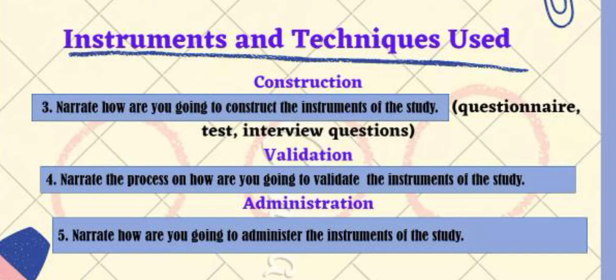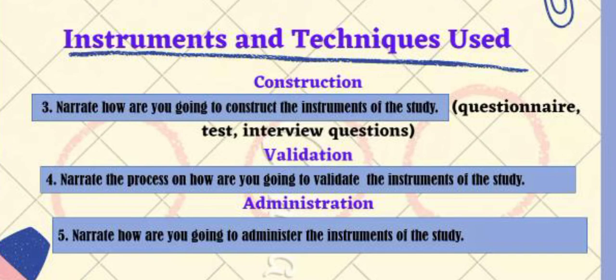For tip number 4, for the validation, you will simply narrate how you validated your instruments. And tip number 5 will be focused on the administration. You will just narrate how you did the administration of your study.